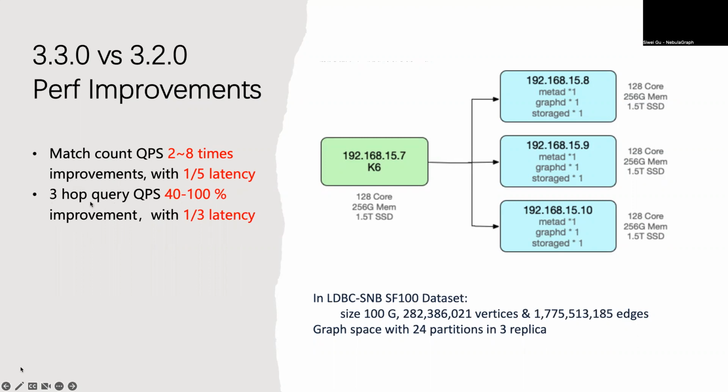And for the 3-hop query, we have a QPS improvement of 40 to 100% with 1/3 latency. And we were testing everything on a 3-node environment deployment with the LDBC SF100 dataset.